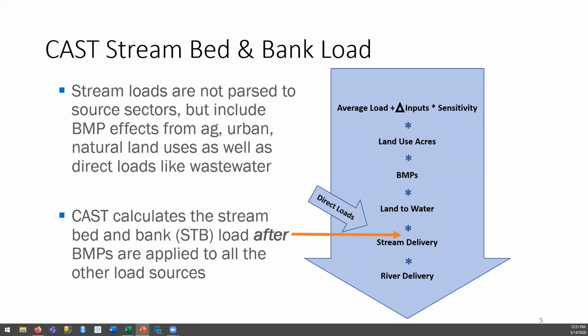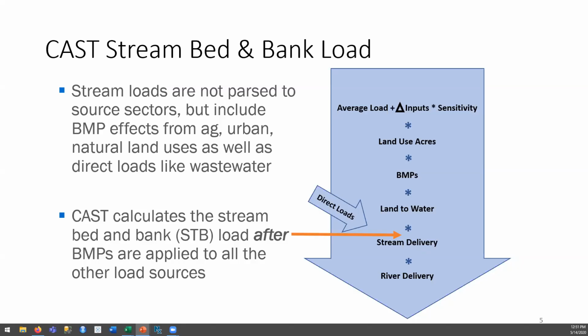And then what CAST does is it calculates the stream restoration BMP reduction from that load that takes into account your no-till, nutrient management, and cover crops. And then we use those two delivery factors, stream delivery and river delivery.